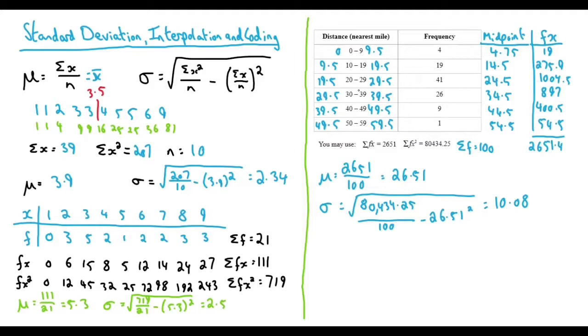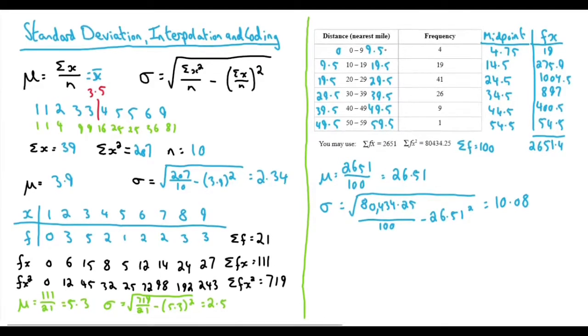For this, we're going to return to the idea that we're going to assume that the data is averagely spread within each class width. So these 4 are each a quarter of the way between 0 and 9.5, and so forth for each of those widths. Thus, we will be able to say, if we can work out how far into the frequency we need to go to find the median, we'll need to go that fraction into the given class width.